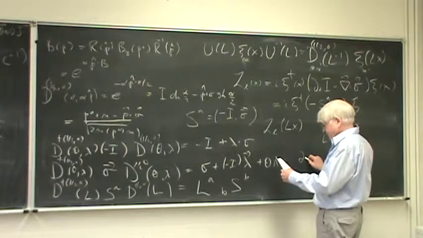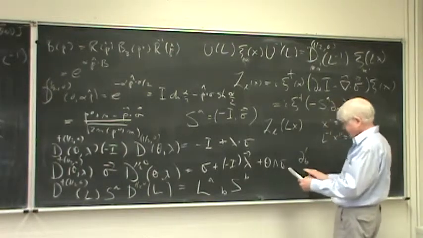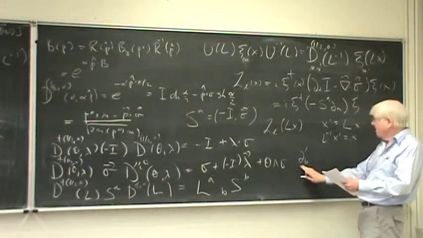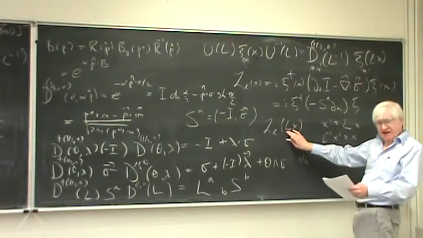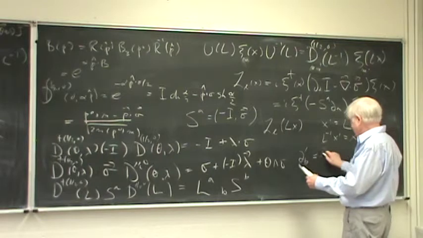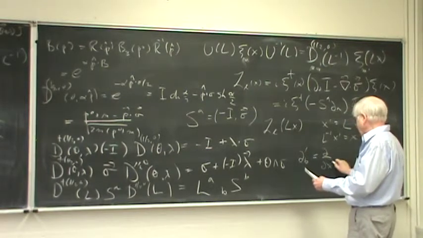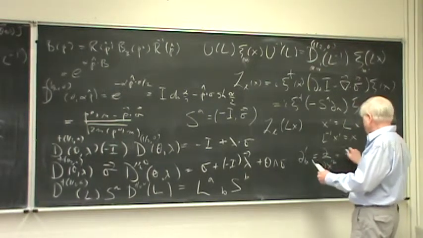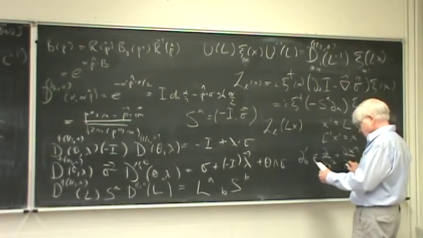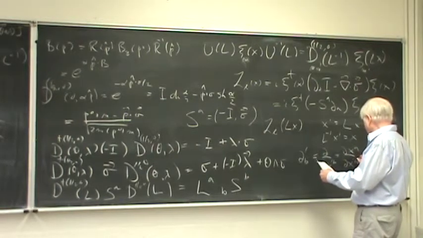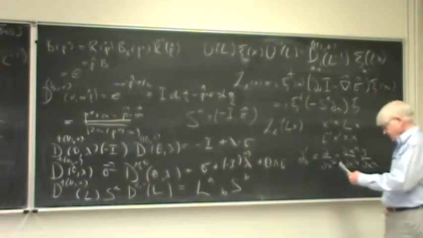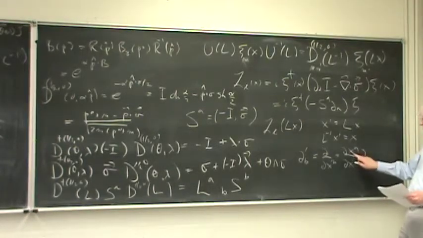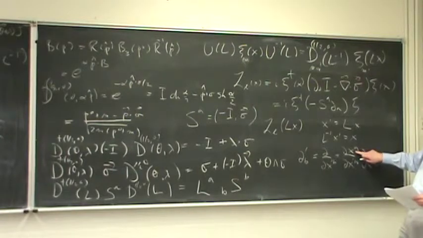And so the derivative that would occur in here, because it's a derivative with respect to x prime, is partial x_b prime, partial x_a. And now what is this? Partial x_a, partial x prime b.